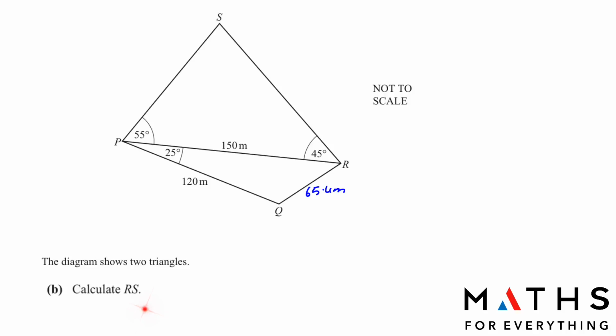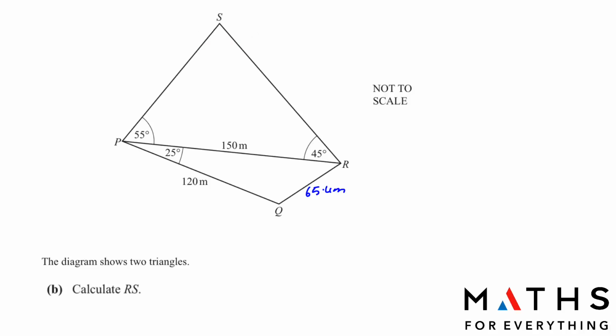Part B, calculate RS. When you want to calculate a side, and if angles are given, we can use the sine rule. For that, we need a side and one opposite angle. We have been given the side 150 meters, we do not have the opposite angle.